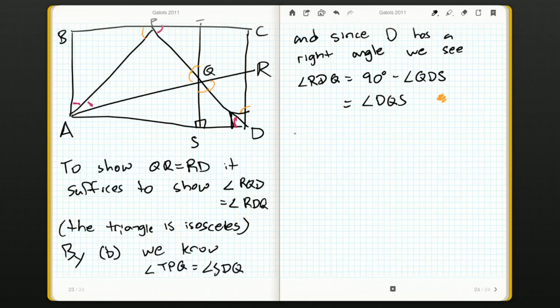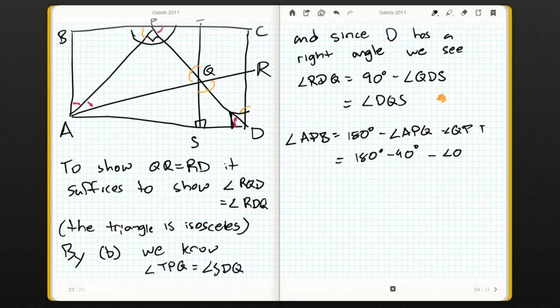So, the angle APB is equal to 180 degrees, the full line segment, minus APQ minus QPT, which is equal to 180 minus the 90 that we know we have there, minus angle QPT.